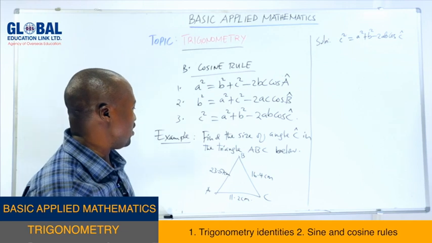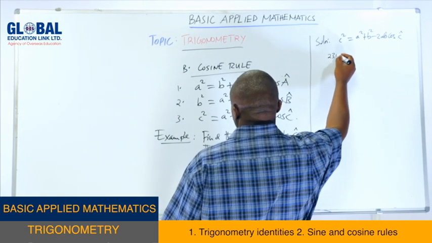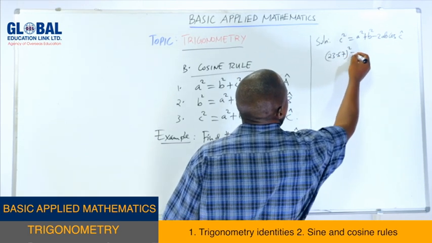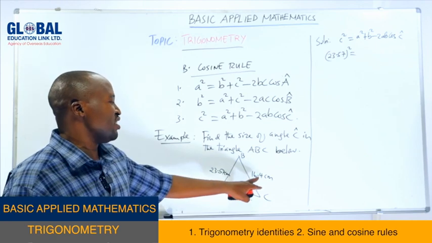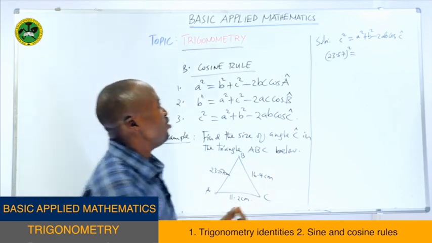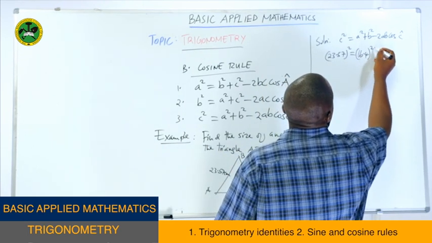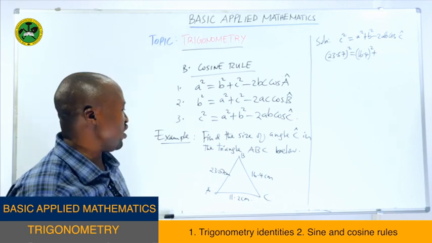So C squared is 23.57 squared, which is equal to A squared, that is 16.4 squared, plus B squared.